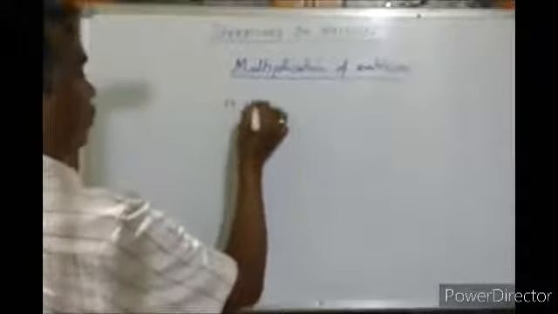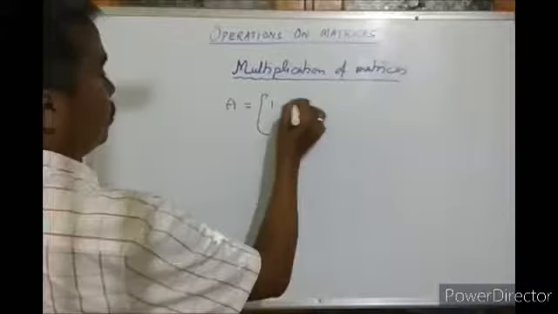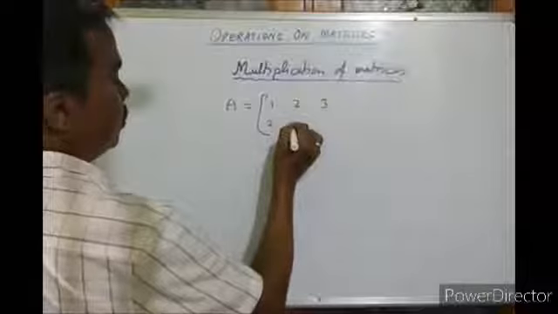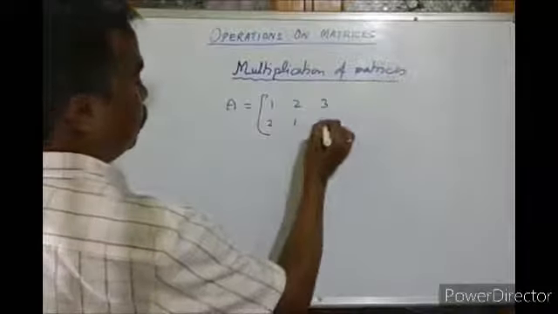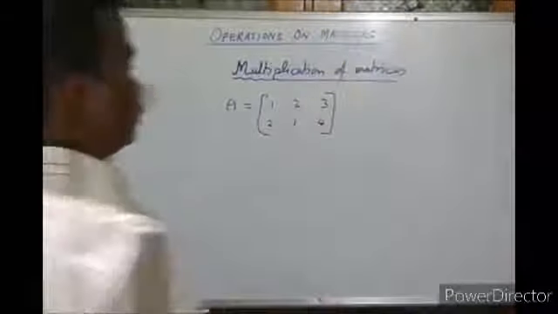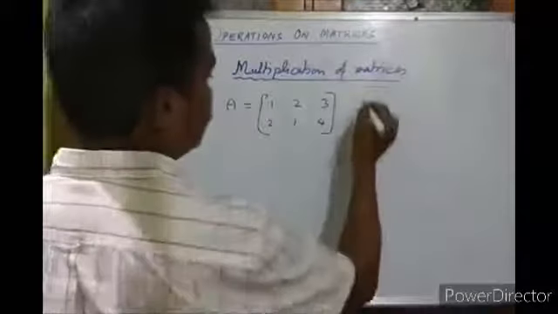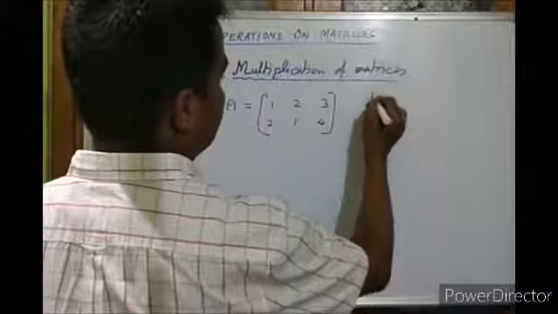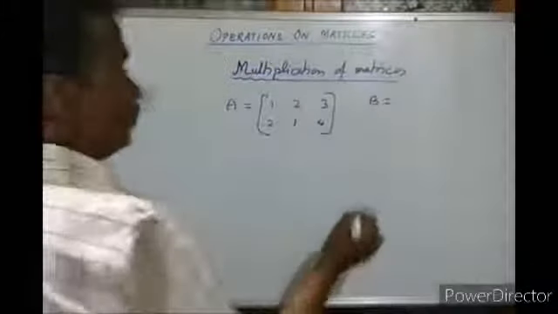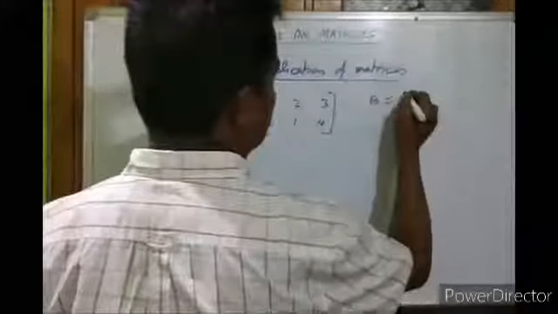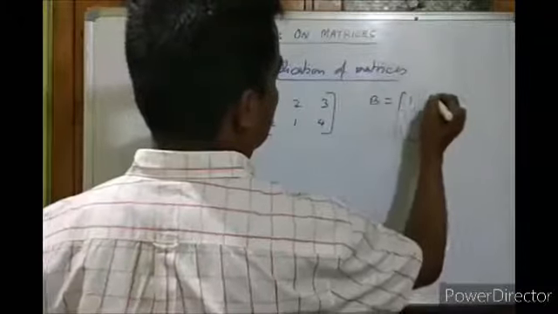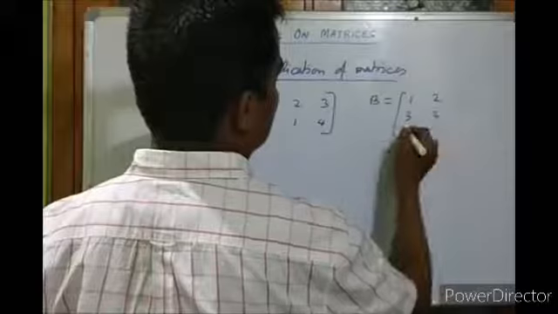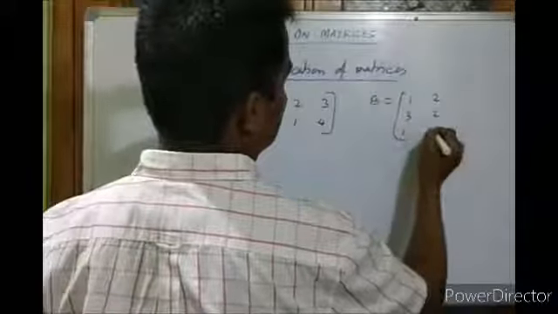Say A is equal to 1, 2, 3, 2, 1, 4. B is equal to 1, 2, 3, 2, 1, 1.